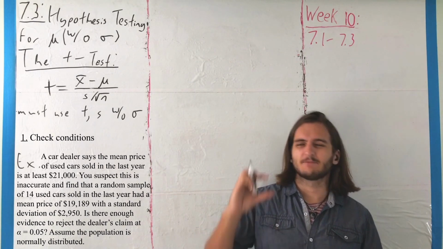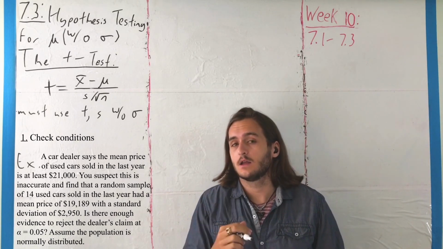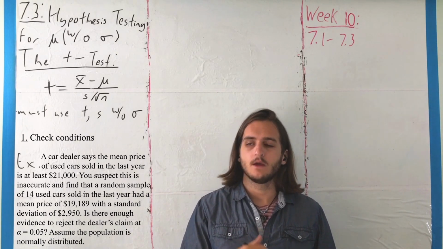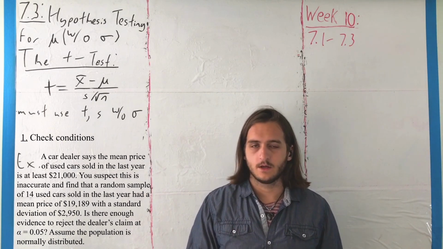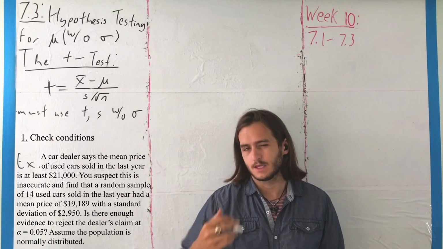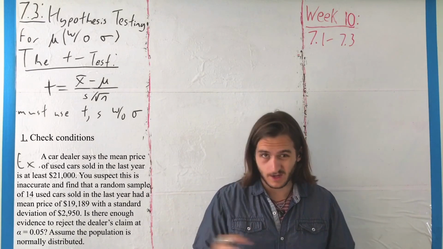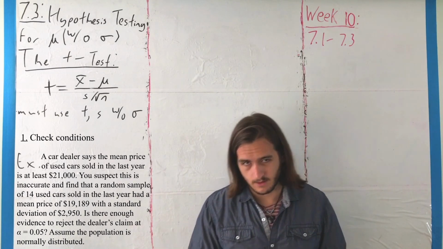That is, the 29.50 specifically corresponds to that sample of 14 cars. It is not a population standard deviation, so we know that we're going to be doing a t-test instead of a z-test, because we only have information about the population mean. We don't get anything else. That's kind of the giveaway.